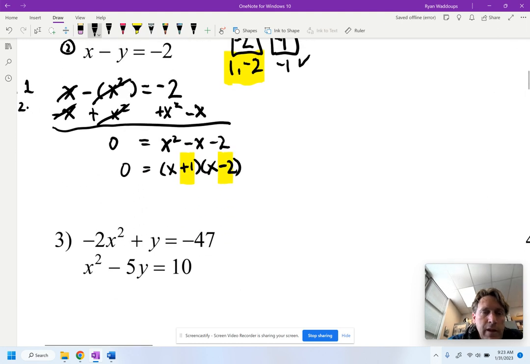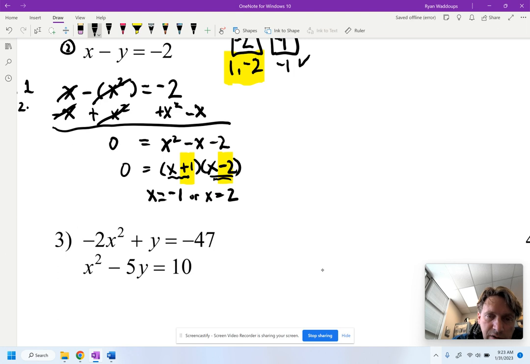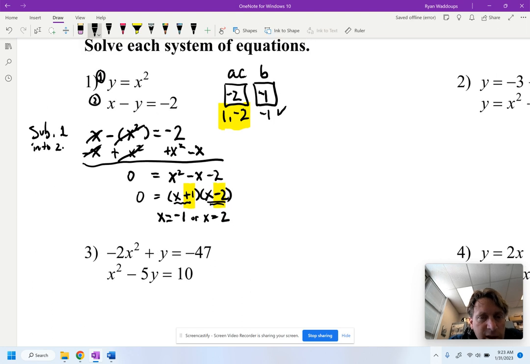So this means x equals negative 1 is the value that would make this one 0, and x equals positive 2, which would make this one equal to 0. And this is halfway there. We're not yet done. We need to go back and put those into the equation.